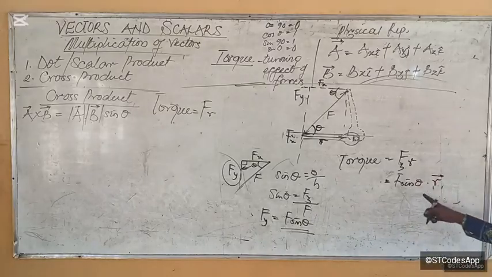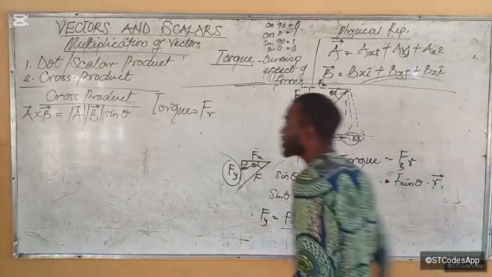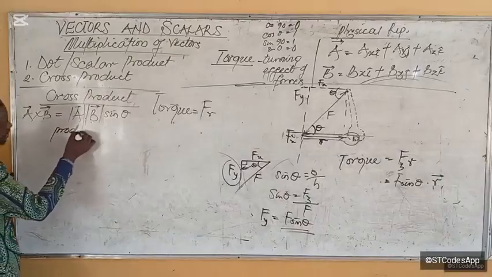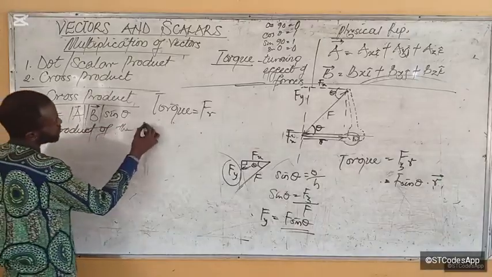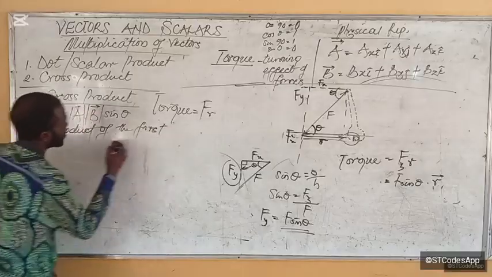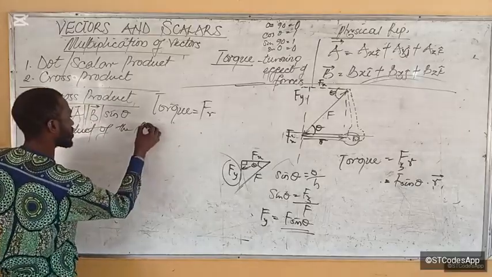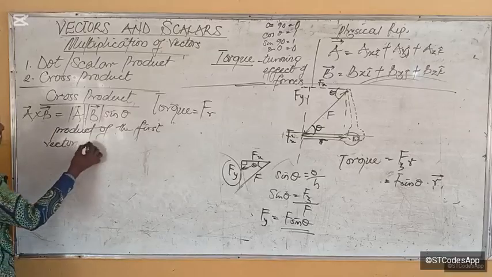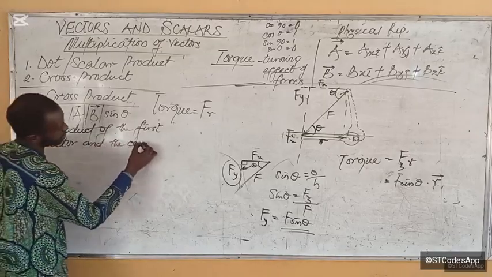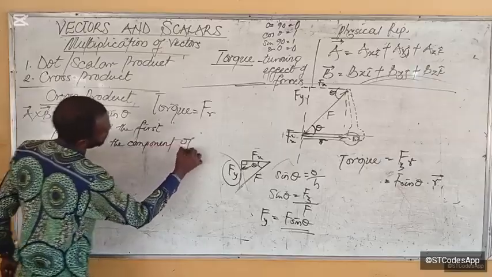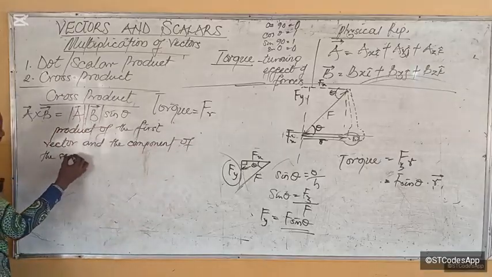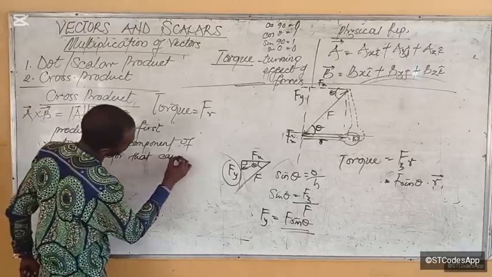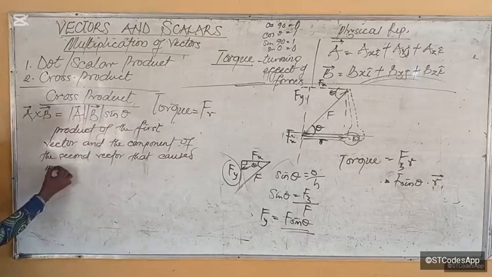So in perspective, it means that we are multiplying. The cross product is the product of the first vector and the component of the second vector that caused motion.